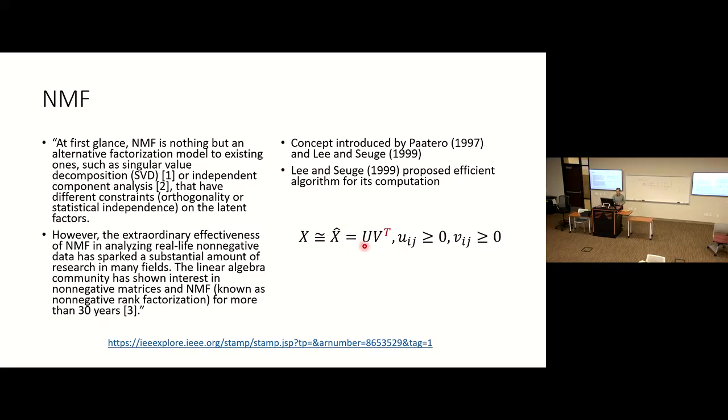But you want to use two matrices, U and V, and their product to approximate this original observation. So that's the expression of that, with the constraint that all the elements in the matrices U and V have to be 0 or greater than 0. So that's the whole expression of this problem.